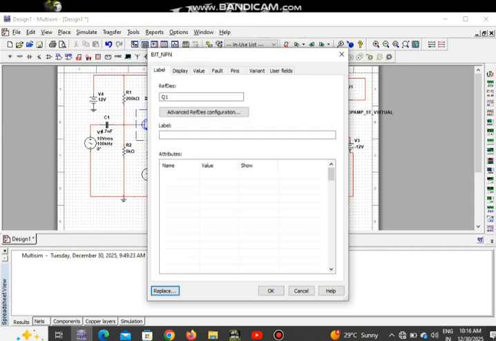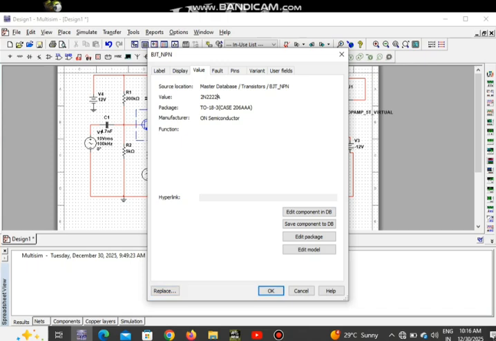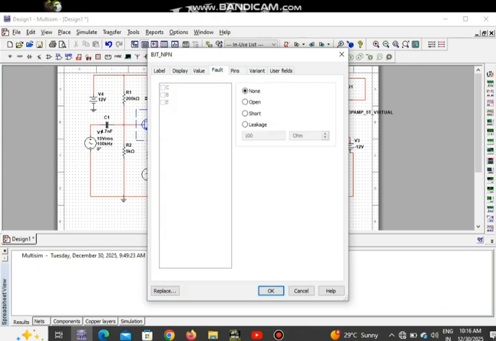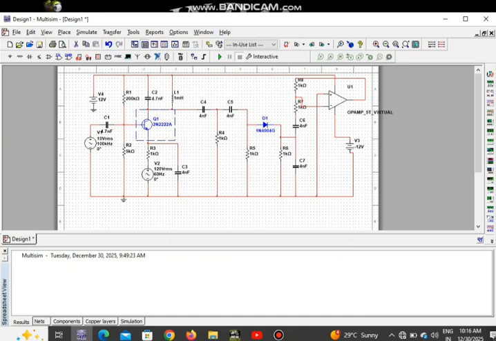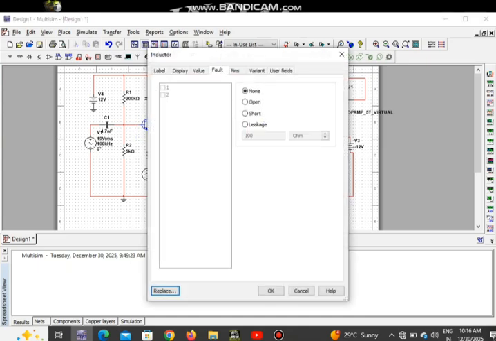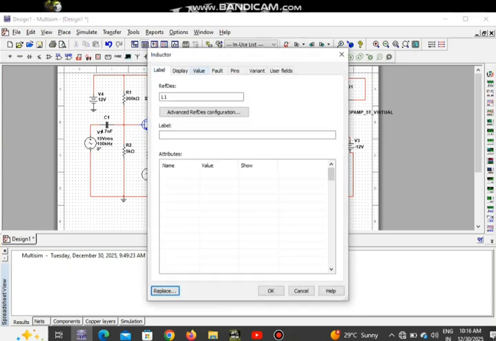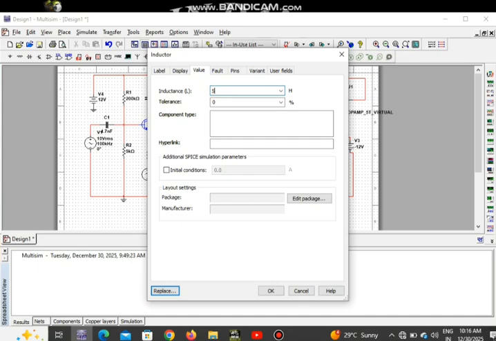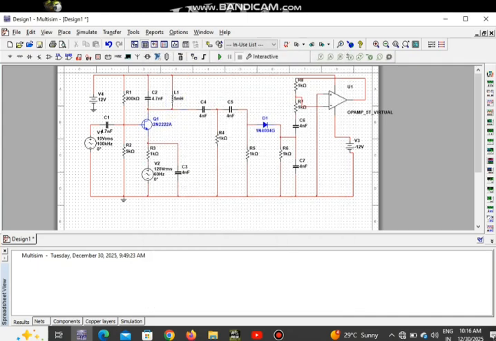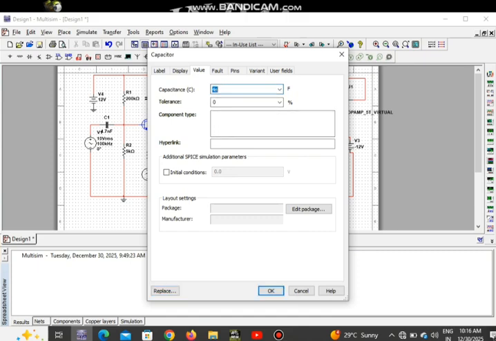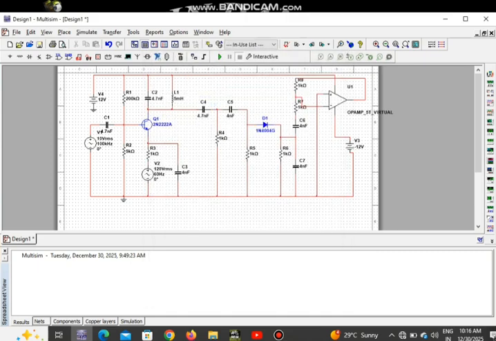Transistor value same. Inductor value is 5. C4 value is 4.7 nanofarad.